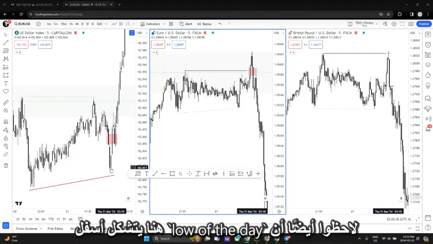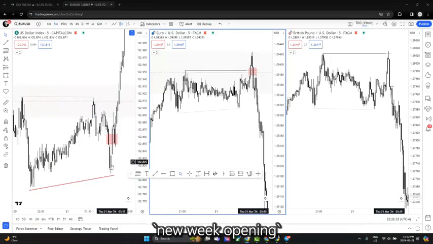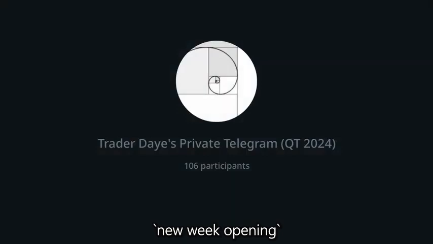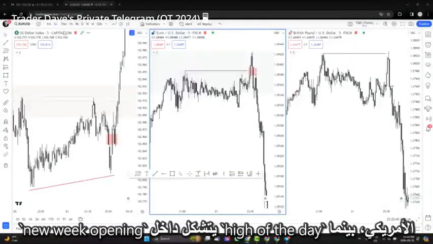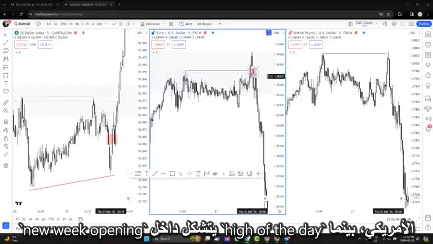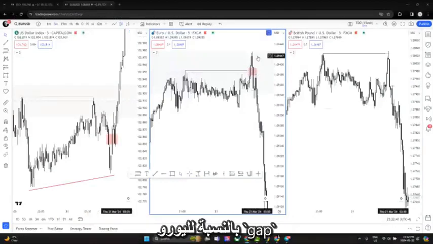Also, note that the low of the day here is being formed below a new week opening gap within the US dollar, while the high of the day is being formed within a new week opening gap in regards to the euro dollar.